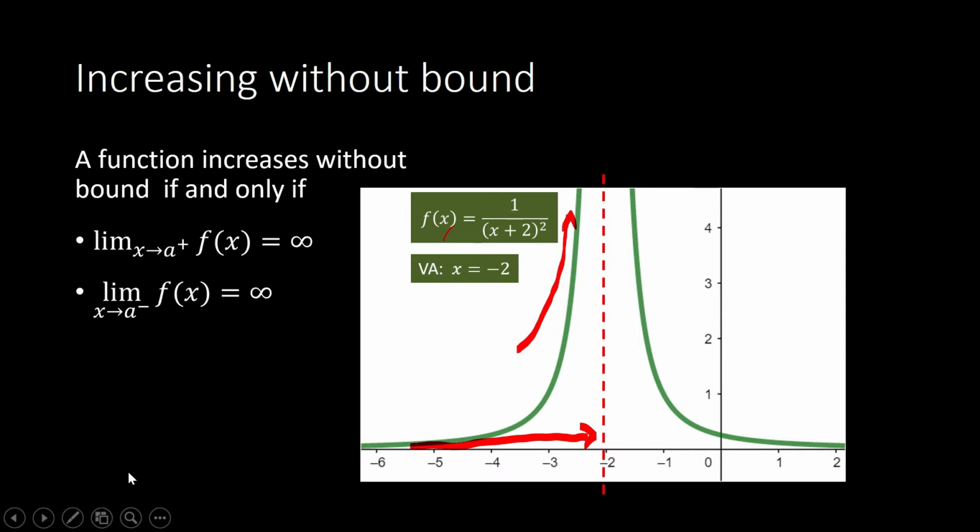That is telling you that the line x equal to negative 2 is a vertical asymptote. Similarly, when your x approaches negative 2 from the right, your function goes to infinity.